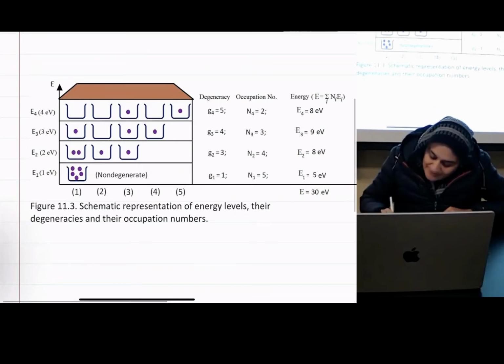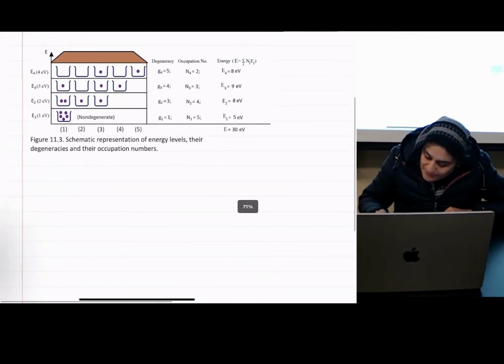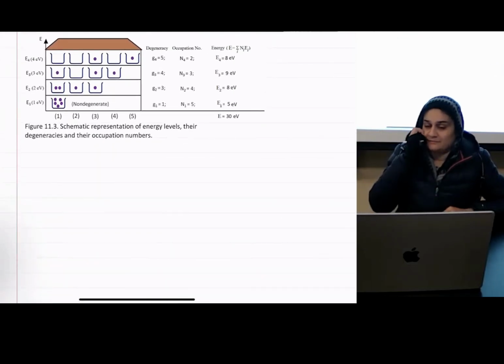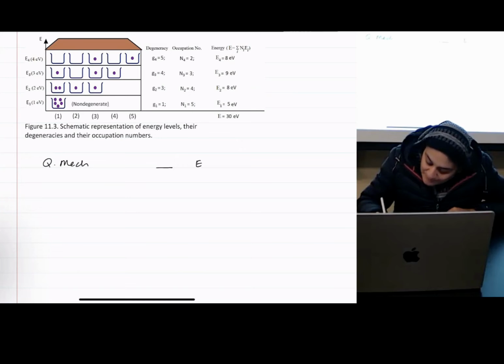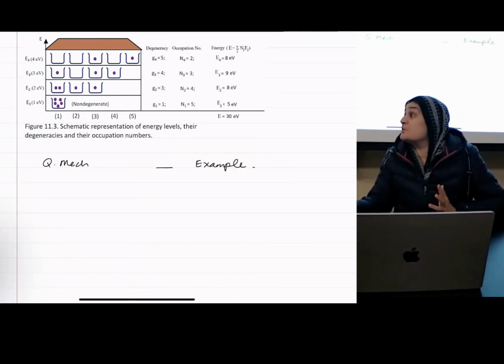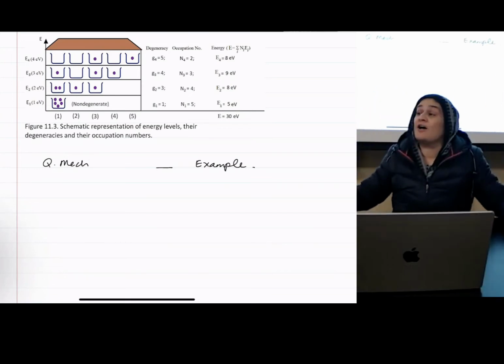So I will write for this apartment building. Energy levels, so quantum mechanics, and our example. When you hear these words, this is what you should think of. So our entire system is our apartment building.